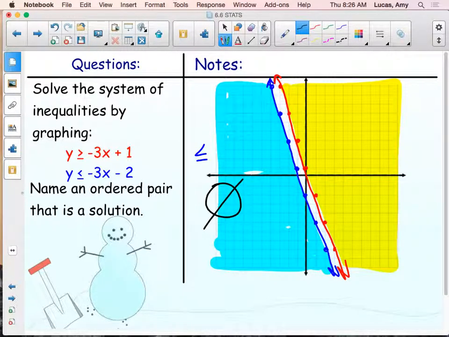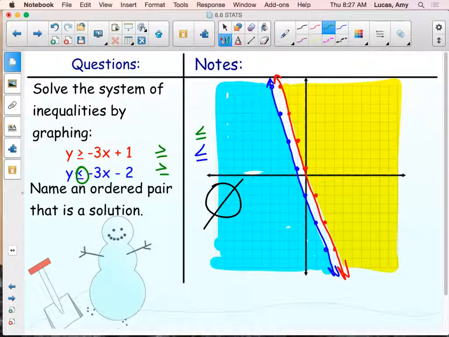There's no solution. Now, with inequalities, when your lines are parallel, it's not always no solution, like it was when we were graphing equations. So I'm going to say this again. Inequalities, if this symbol was going the same way, if they were both greater than or equal to or both less than or equal to, there would be a region where they overlapped.